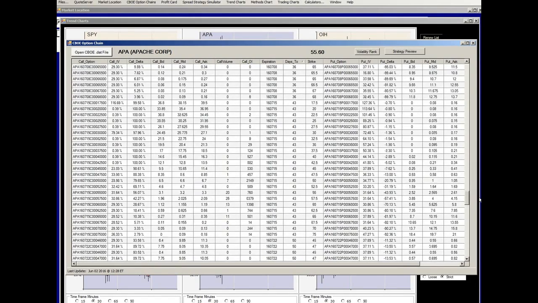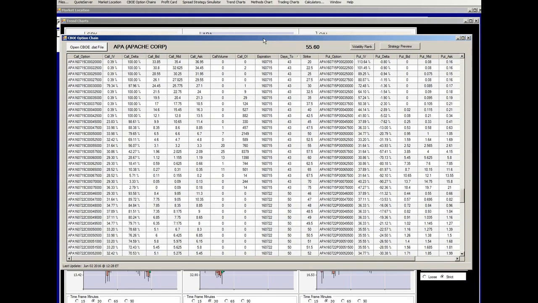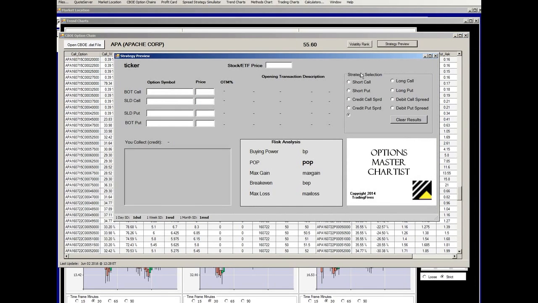So let's sort by days to expiration. We'll get down to 43 days to expiration, and we're going to just demonstrate how to use the strategy preview.